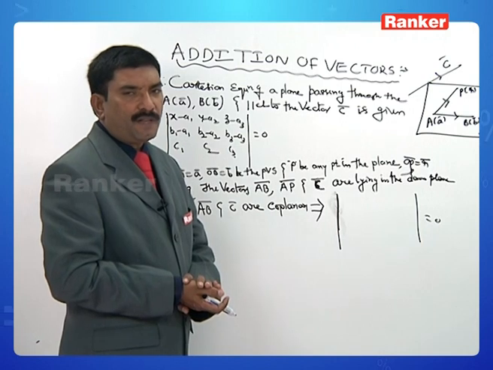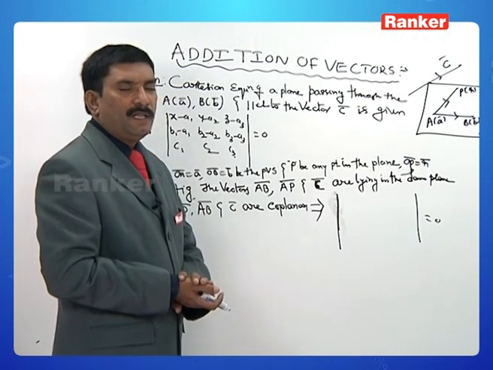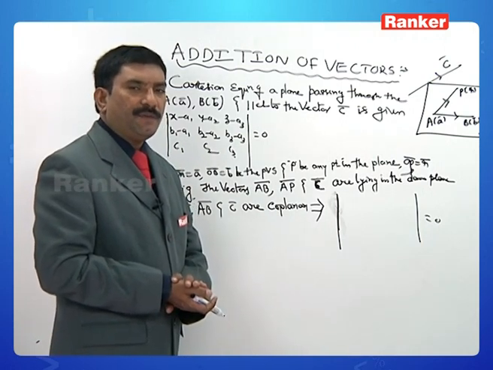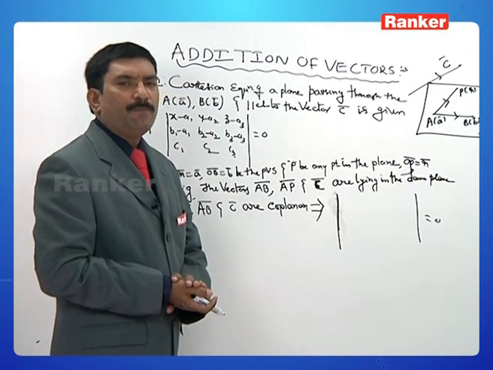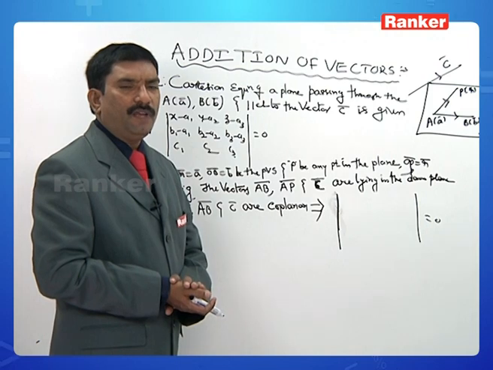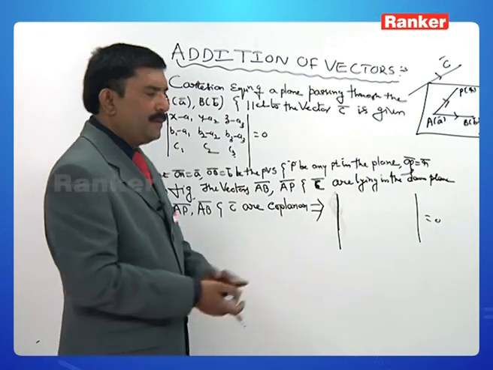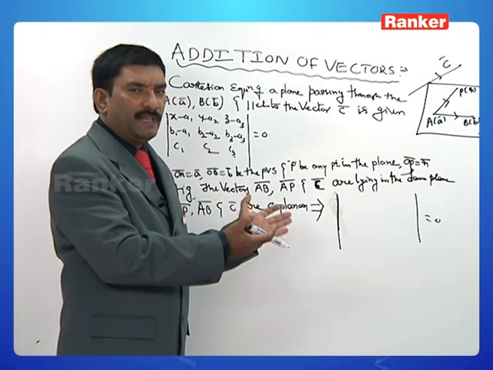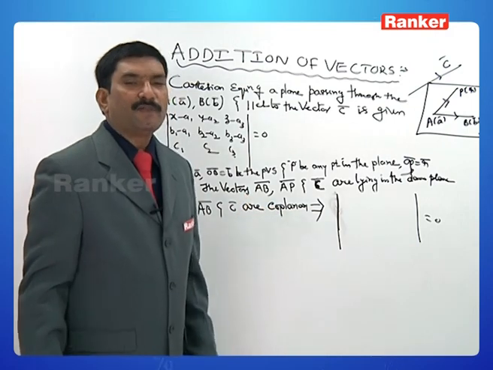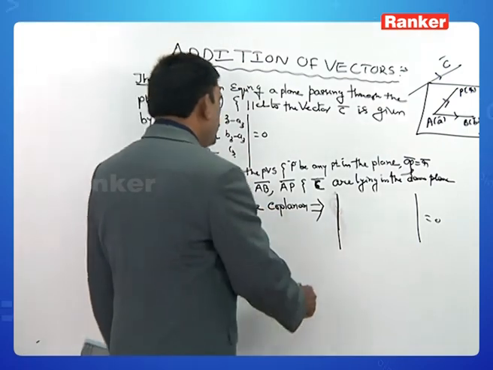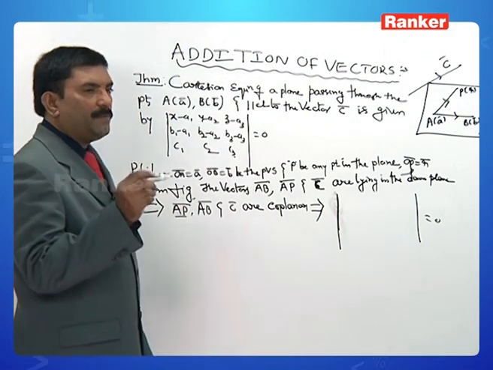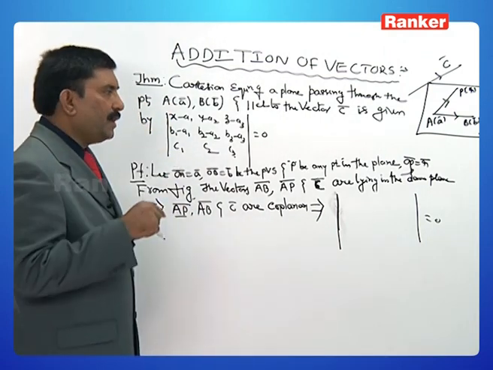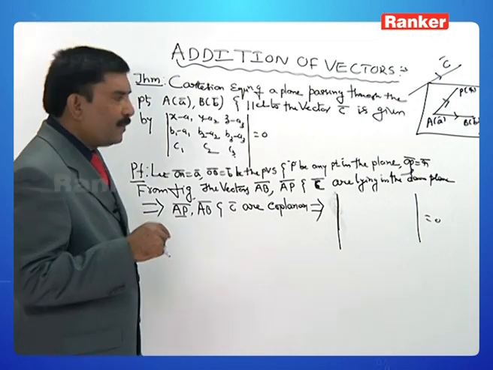The necessary and sufficient condition for any three vectors to be coplanar is box of AP bar, AB bar, C bar equal to 0. Box is nevertheless a determinant value. In this, one vector is AP bar. What is AP bar? OP minus OA.